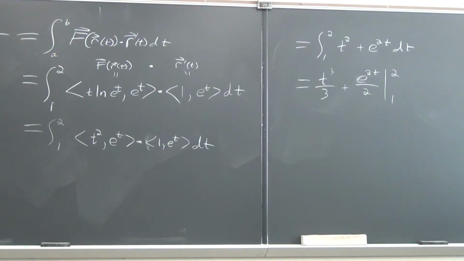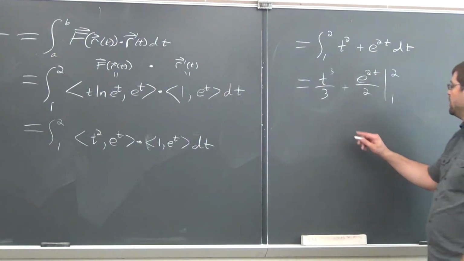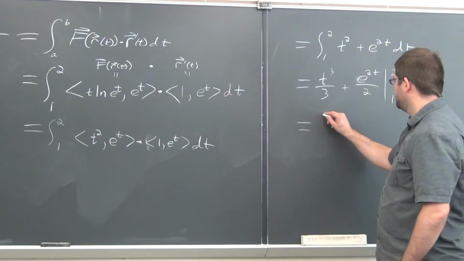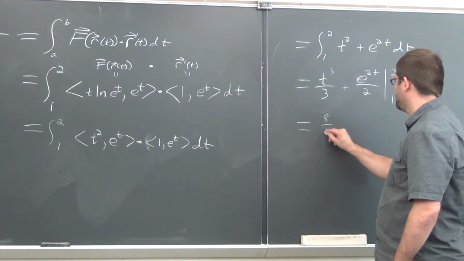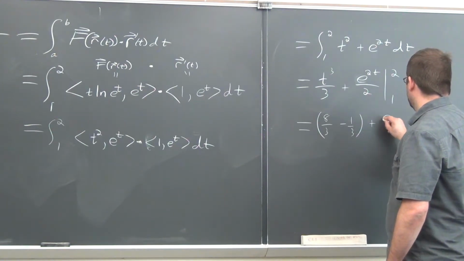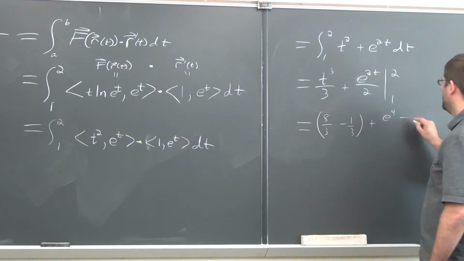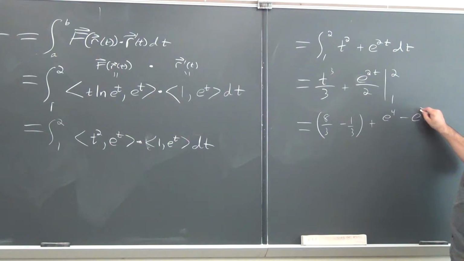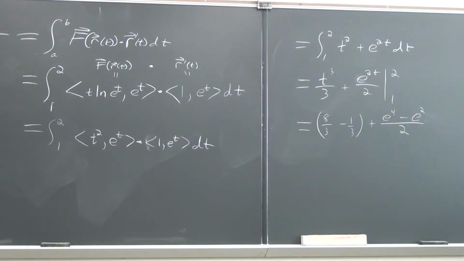Okay, and now plug in your bounds, and so you'll get what? 8/3 minus 1/3 plus e to the 4 minus e to the 2 over 2. Is that okay? And you can just leave it in that form. Any questions?